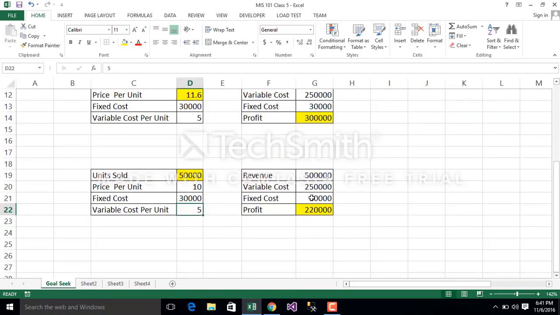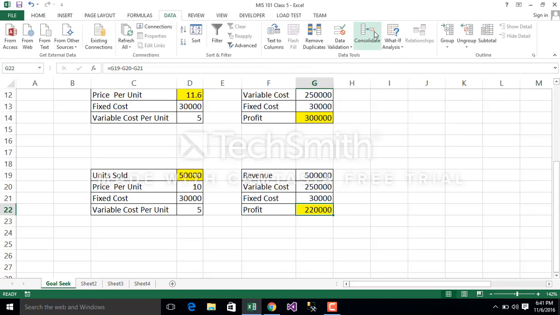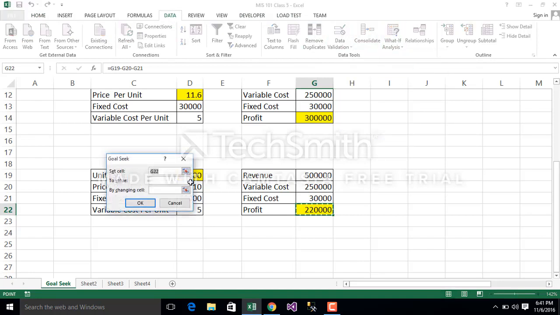Another thing we can do for this problem is that if we are able to decrease variable cost, then our profit will increase. For this problem, take another number, not 3 lakhs, 2,50,000. Then see, our goal is to increase our profit up to 2,50,000. Then how?